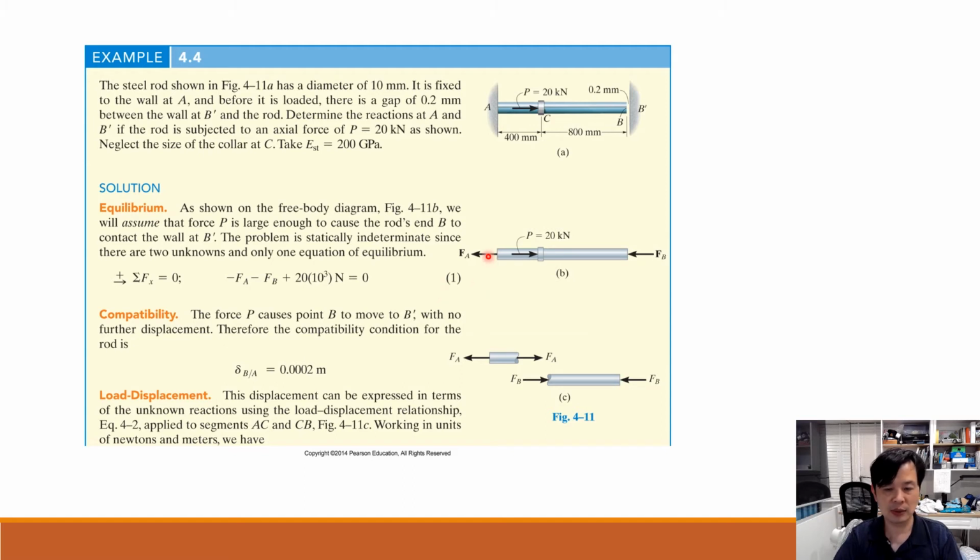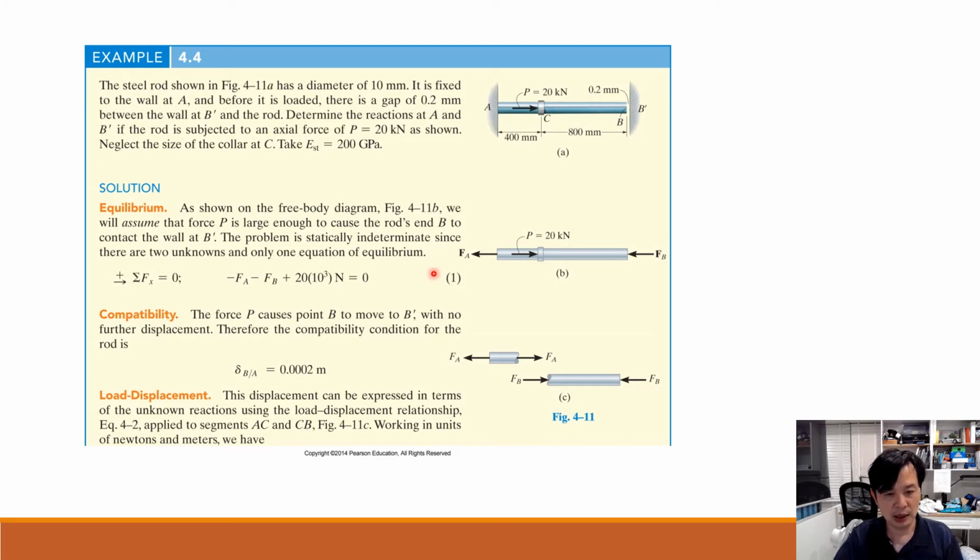The free body diagram for the second case: you will see that the applied load is here. The contact at A provides one reaction, but at B there's a second reaction at this point. If we assume this is the correct solution, then we can use the equilibrium condition for force balance in the x direction.